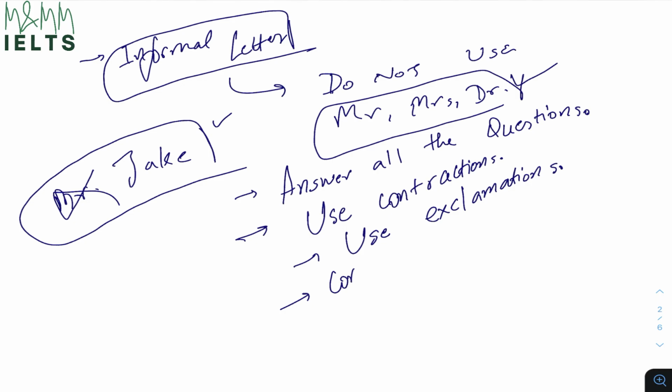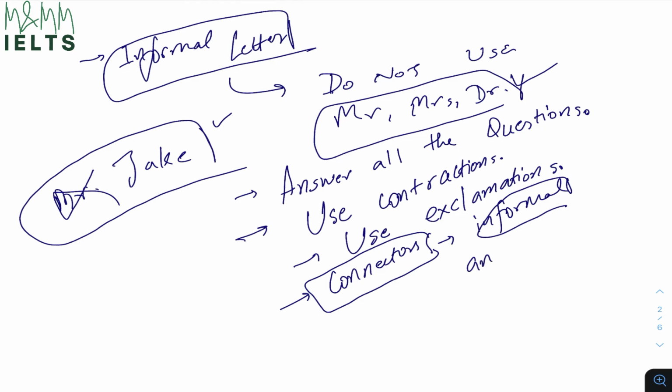And in terms of connectors, because obviously you will have to connect a few sentences somewhere in task 1, prefer using informal connectors as well, which are and, but, so, or, instead of, however, moreover, furthermore.